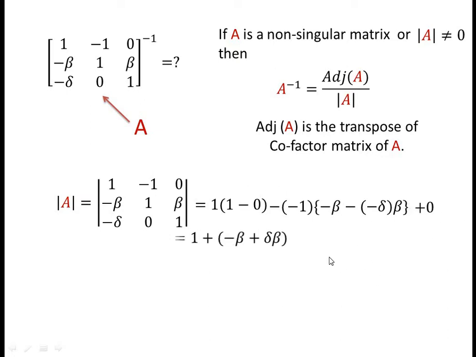That is equal to 1 plus minus beta plus delta beta, which is equal to 1 minus delta into beta. Here this value is not equal to 0, so the determinant is not 0. That means this coefficient matrix is a non-singular matrix, and we will get the inverse of this coefficient matrix.